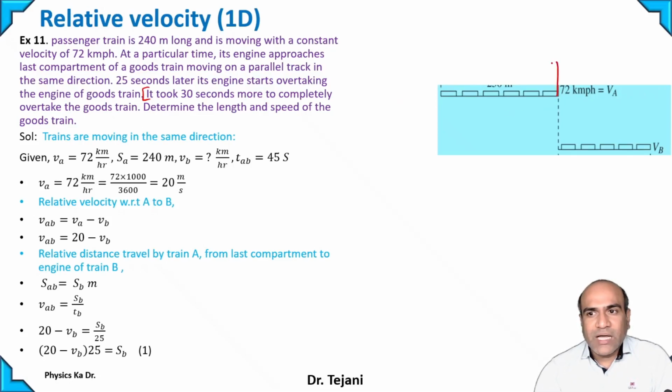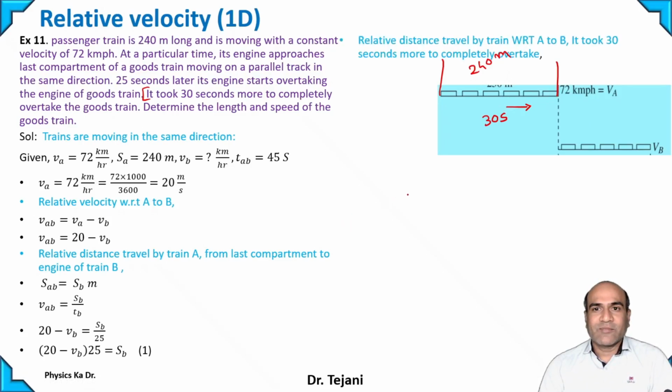So to travel the remaining distance, which is 240 meter, if this entire train is traveling, it is taking 30 seconds. So you know that relative distance is taking just 30 seconds.